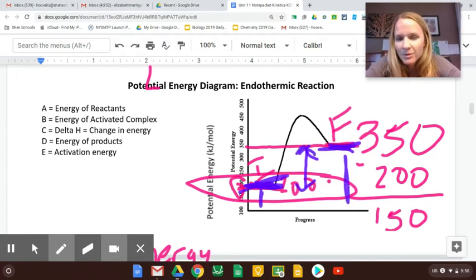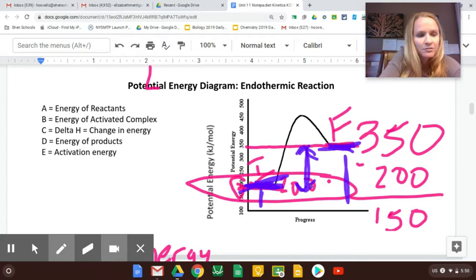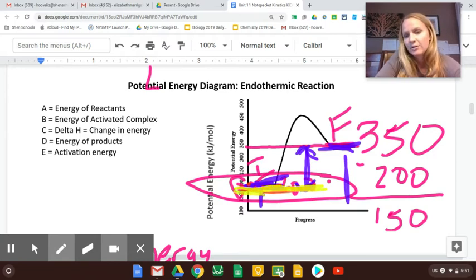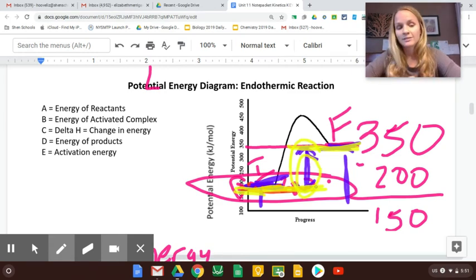But right here, you're like, what's this arrow pointing to? You have to extend this over and go, oh, okay, the bottom of the line is lining up with the reactants, the top is lining up with the products. This right here is the difference between the reactants and the products.